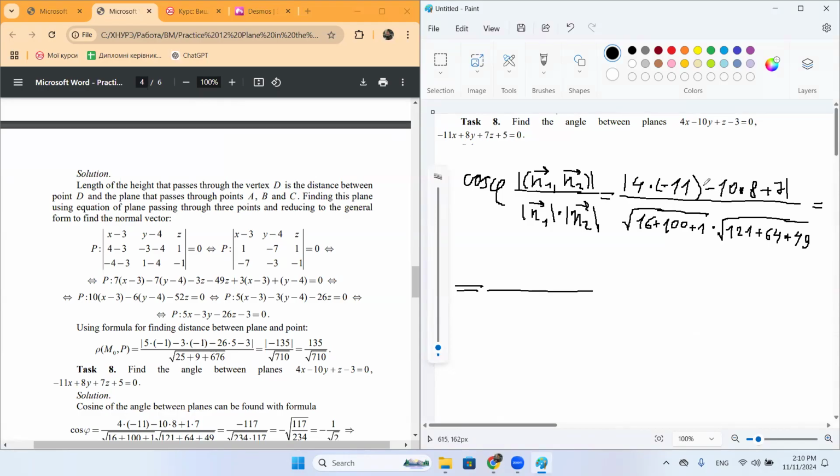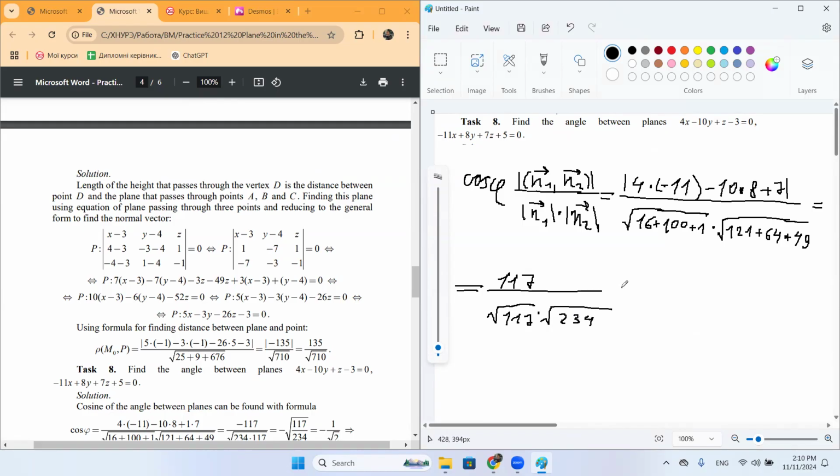So minus 44 minus 18, so minus 124 plus 7, so 117 here. And here we can see 117 as well. Square root of 117. And then, so 121 plus 49, so 170. 234.